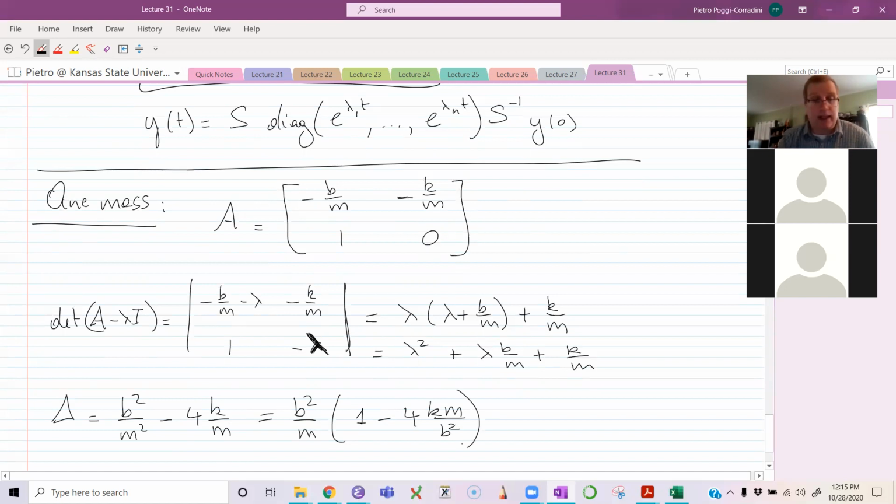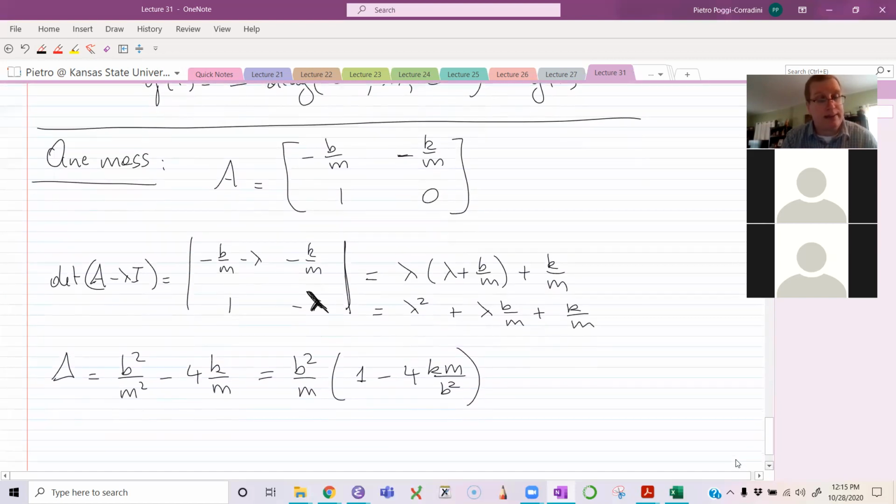And then basically lambda is 1/2 of minus b over m plus or minus the square root of 1 minus 4km over b squared. Sorry, m squared. Yeah, m squared.